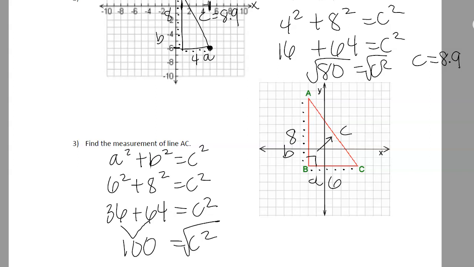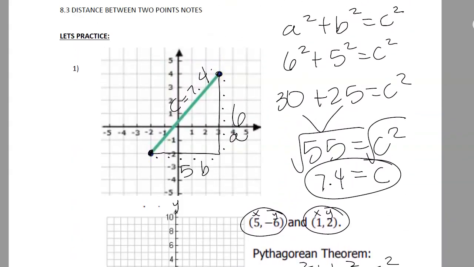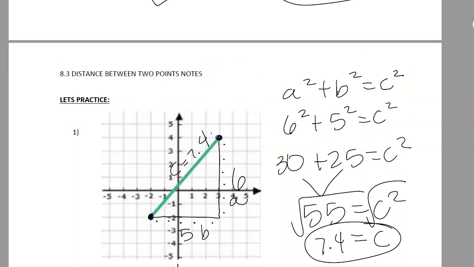And the last step is the square root, so c equals 10. So the distance between those 2 points is 10. And it says find the measurement of the line AC. So that is your distance. So you will see measurement. You will also see distance between the 2 points.